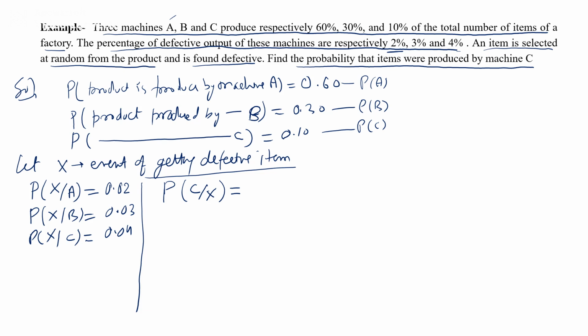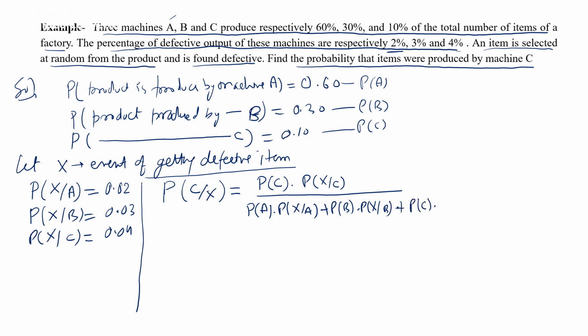So here we use Bayes' theorem, that is, we write probability of C times probability of X given C, upon probability of A times probability of X given A, plus probability of B times probability of X given B, plus probability of C times probability of X given C. Now we just substitute the values.